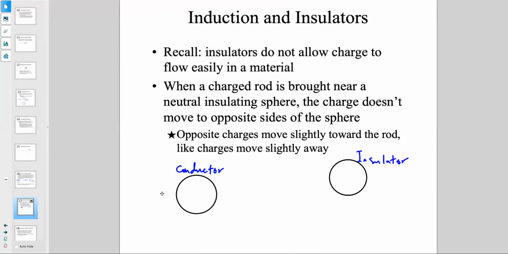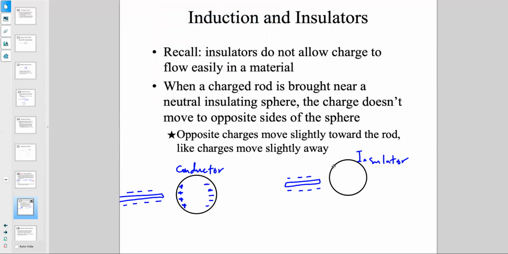Now I am bringing a negatively charged rod close to them. What's happening is that all of the positive will remain and all of the negative ones will go all the way to the other side when it's a conductor.